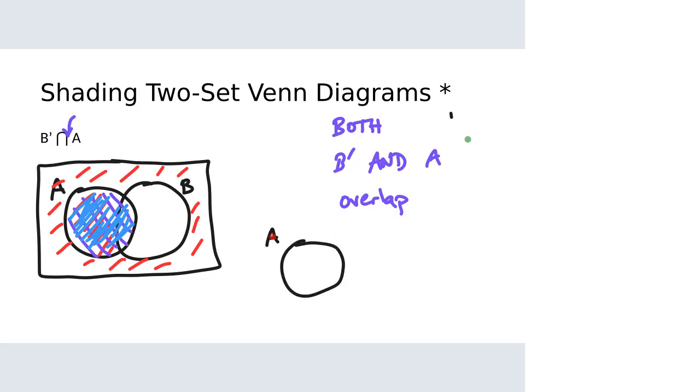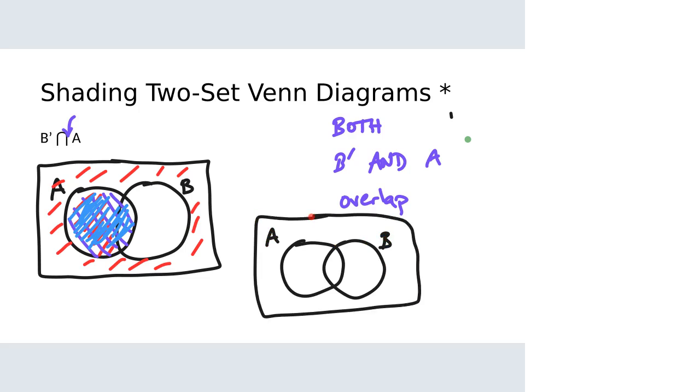So if I was going to draw a final picture of my answer here, I would have set A, I would have set B, I'd have my universal set, and then where those overlap, B complement intersect A, I got to get rid of some of my blue, sorry.